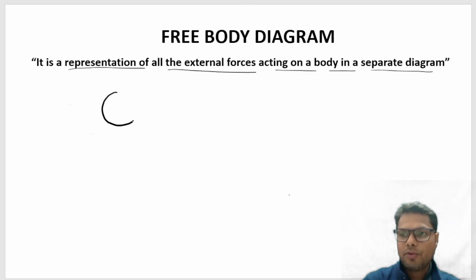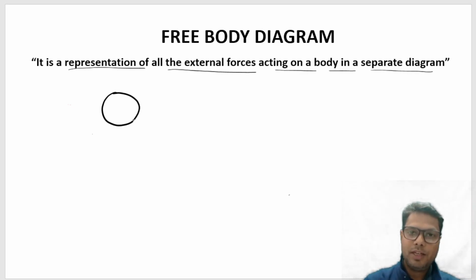A ball is falling freely. Let's say a ball is freely falling under gravity. Now this is a situation, and you have to think about the forces acting on the ball and show those forces on this ball. So which forces will be acting?